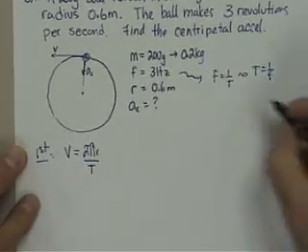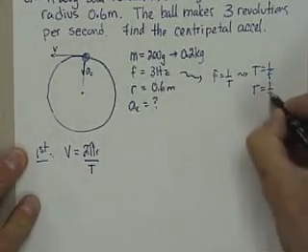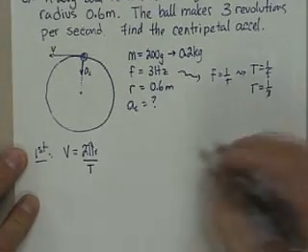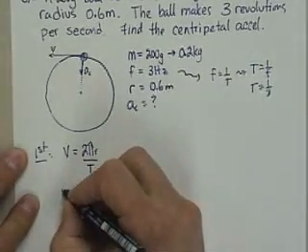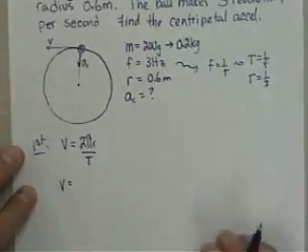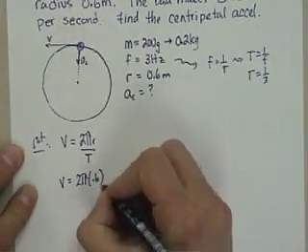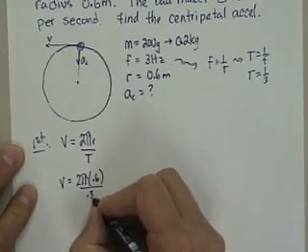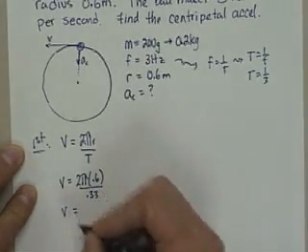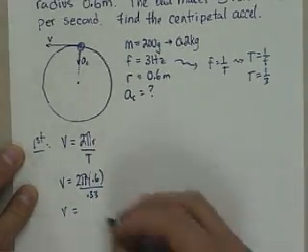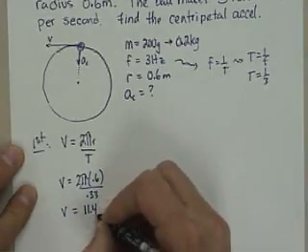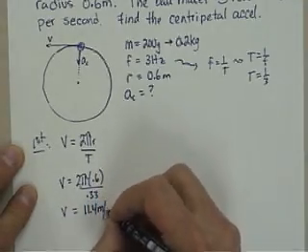It's an old grade 11 concept. So your period is 1 over 3, so when we start plugging in our values here, V equals 2 pi, my radius is 0.6, period is going to be 0.33. When I plug that in, I'm going to get a linear velocity of 11.4 meters per second.